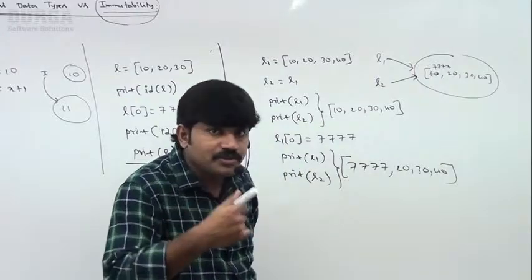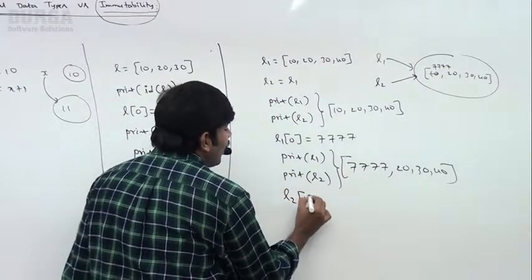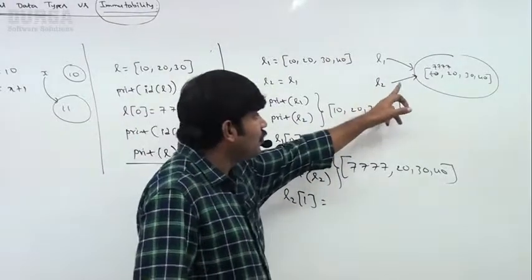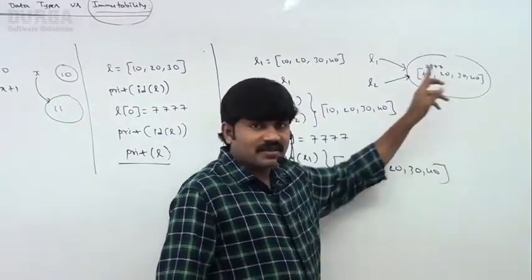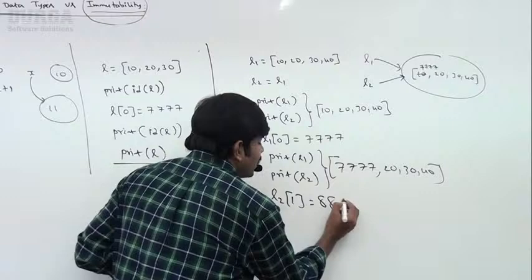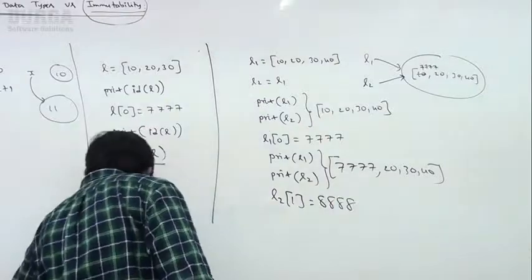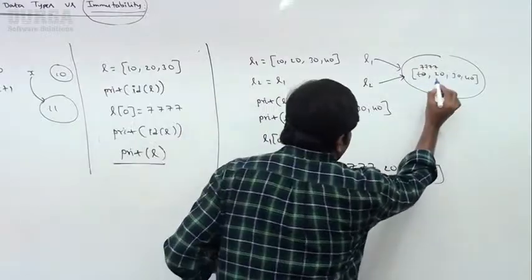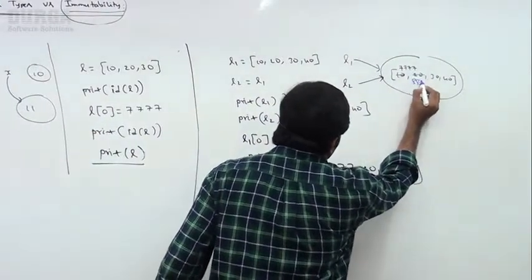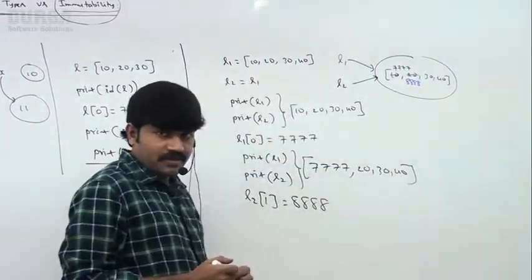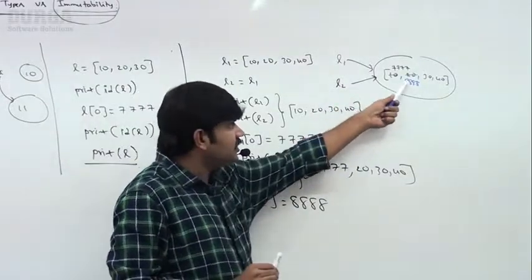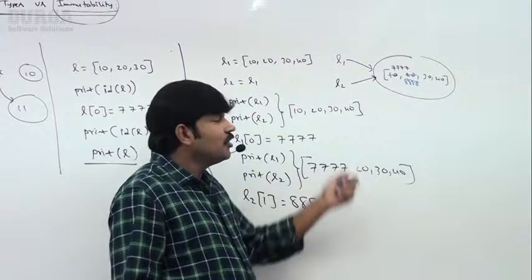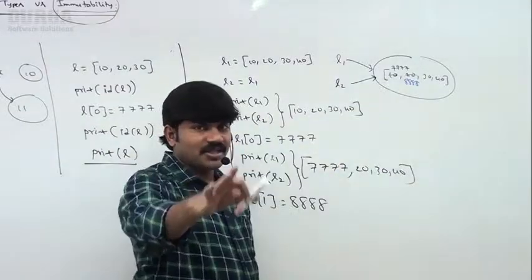Observe carefully. Now L2 of 1. This time I am trying to change by using L2. L2 of 1 means 20 is replaced with 8888. Will this change be reflected in L1 or not? Yes, because both point to the same object.